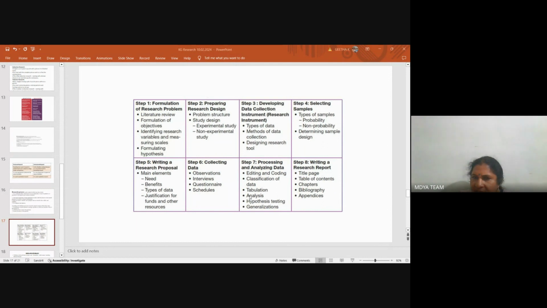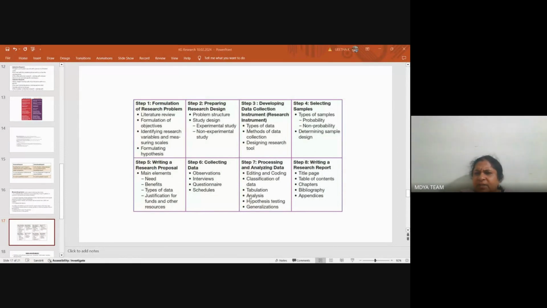And the last step is that you will be writing a research report. In the research report, we will be justifying whatever we have taken, whether it is proved or not. For example, if HbA1c has come under control, fasting also has come under control, but after food the diabetic level is not under control, you have to be truthful and explain that it has not come under control because I have not taken diet as my variable.